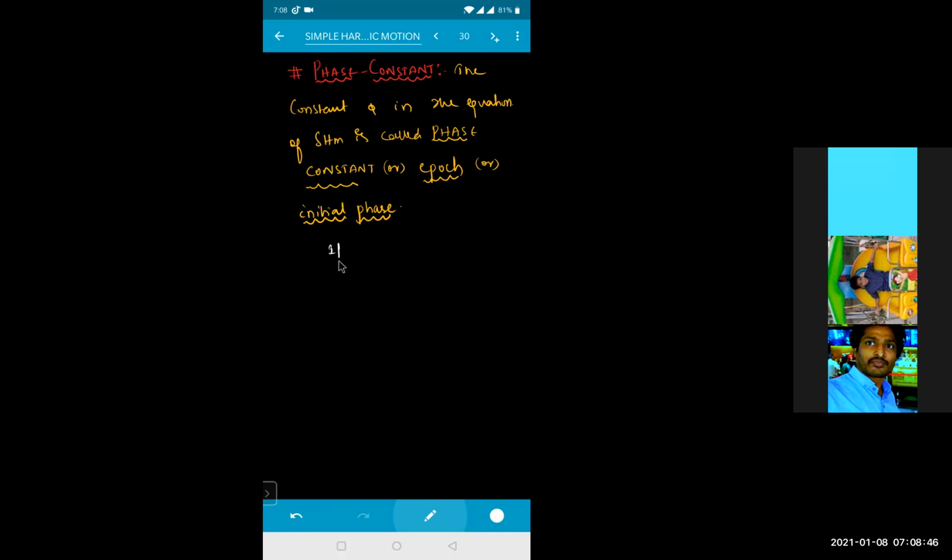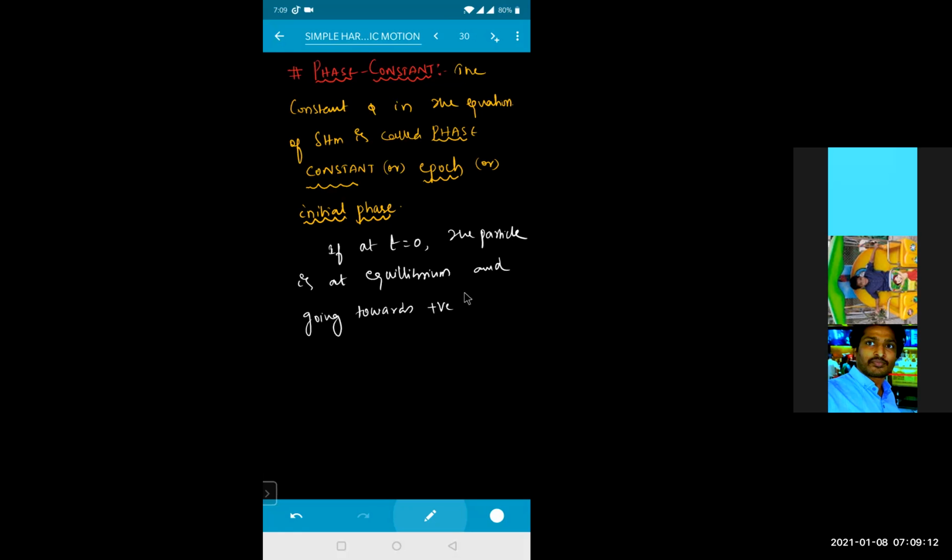Let's say for example, I'm writing the condition. If at t equals 0 the particle is at equilibrium and going towards positive direction.